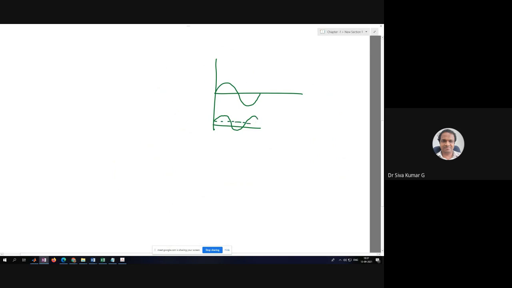Do you think that these kind of DC offsets or DC loads exist in an AC system? Is there any kind of DC load, or is there any chance of occurrence of a DC offset in the voltage waveform or in the current waveform?